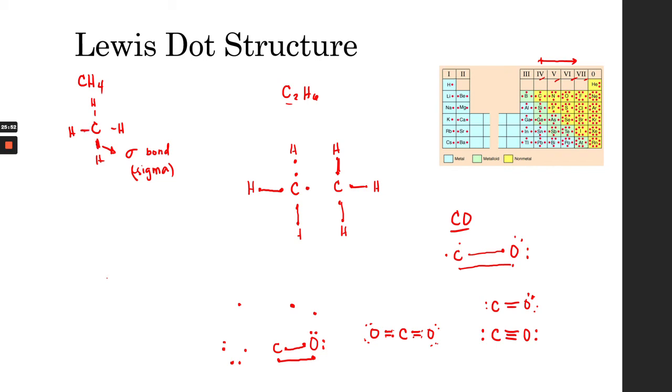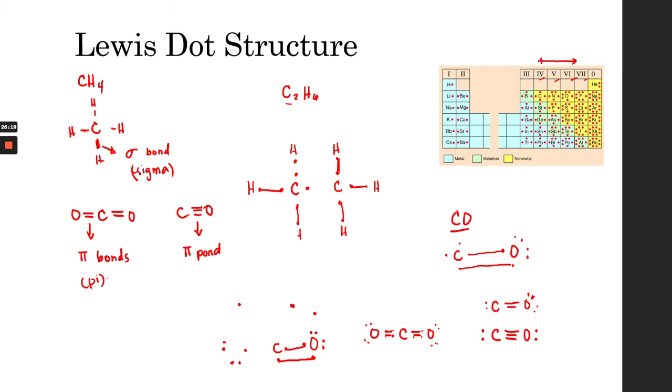But if we have two bonds, for example, the additional ones are called pi bonds. So like pi, like the ones in the circle, pi bonds. And then if we have three, the third bond is also called a pi bond.